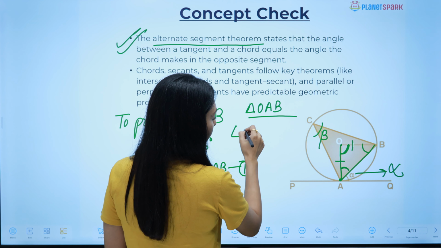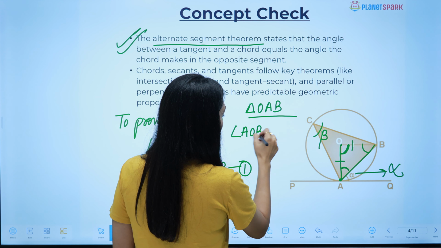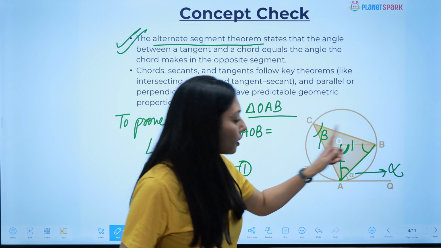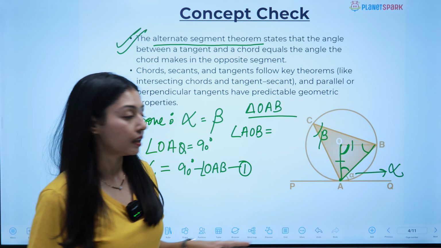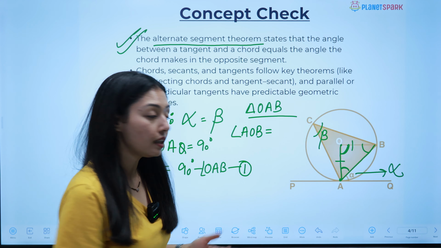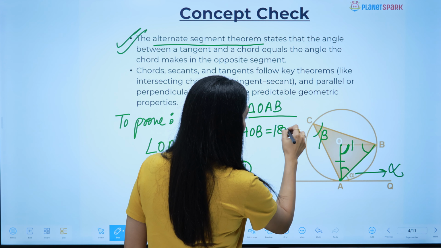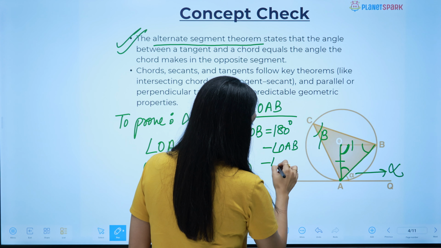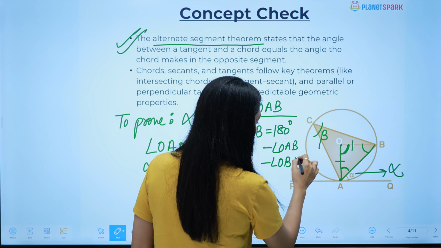Yes, angle AOB. By angle sum property, sum of three angles of triangle is what? 180 degree. So, 180 degree minus the sum of these two will give me this angle, right? So, I can write here 180 degree minus angle OAB minus angle OBA.